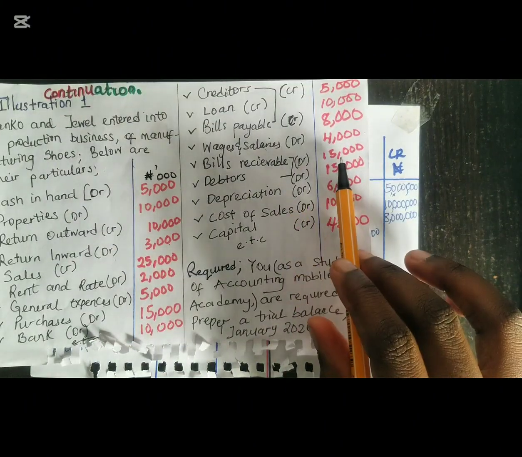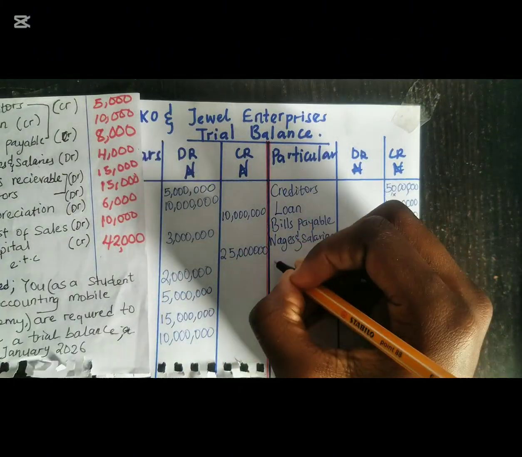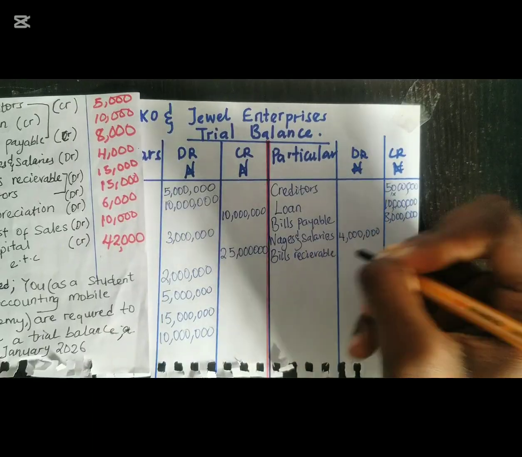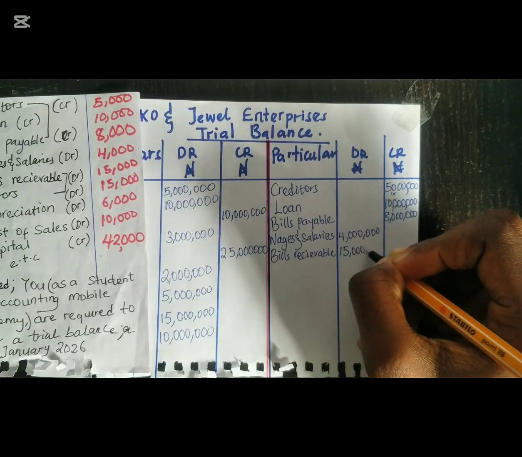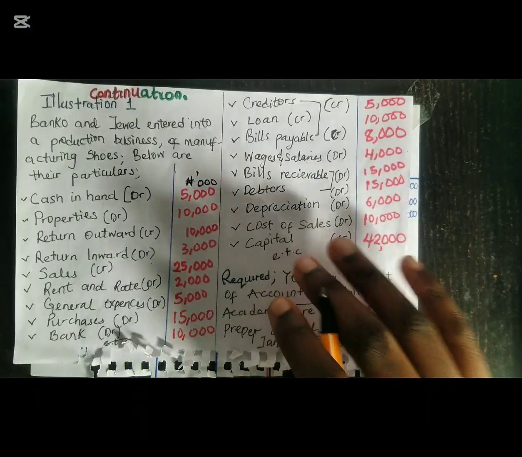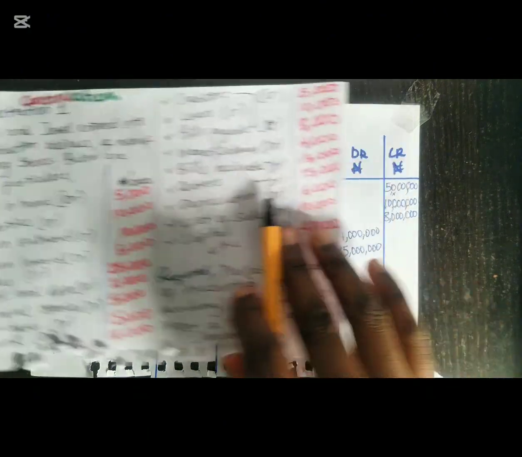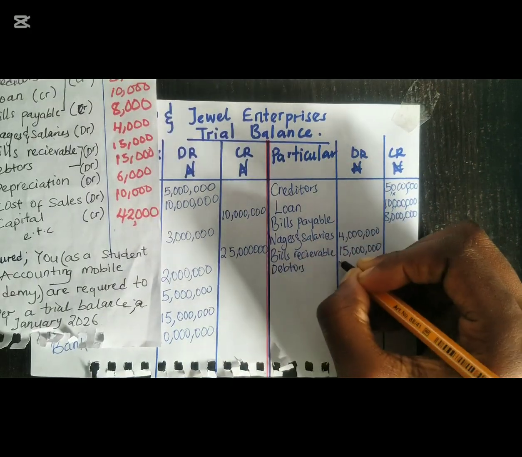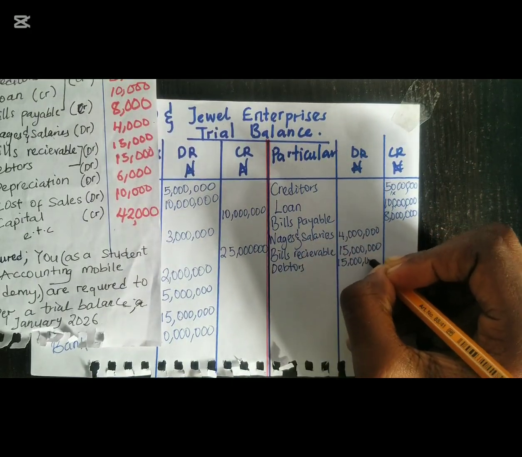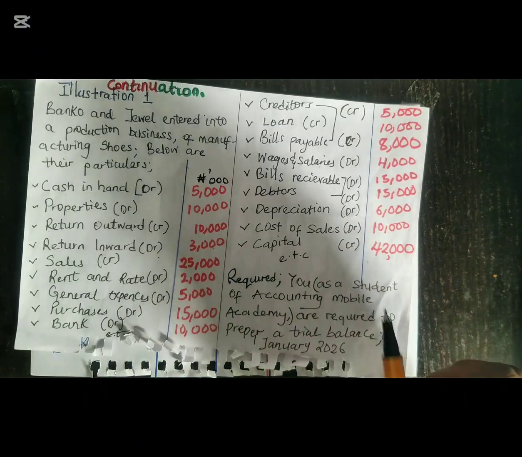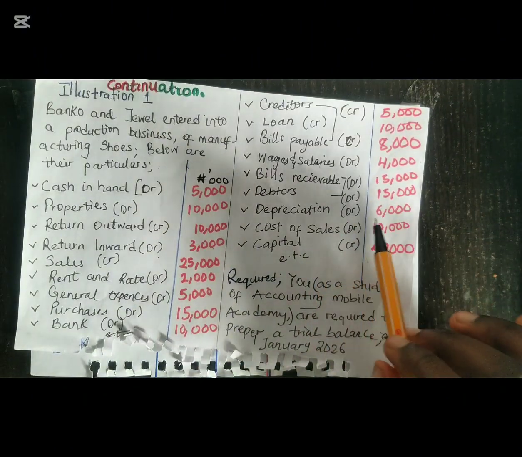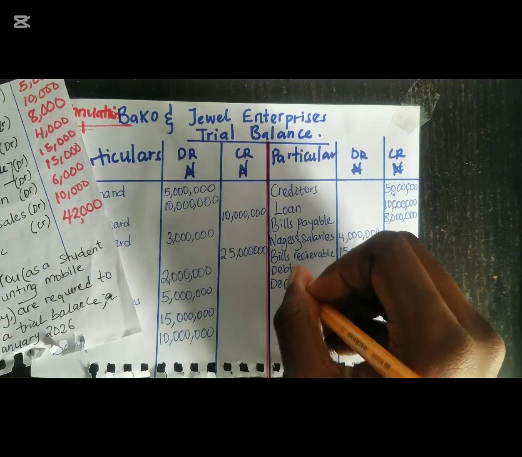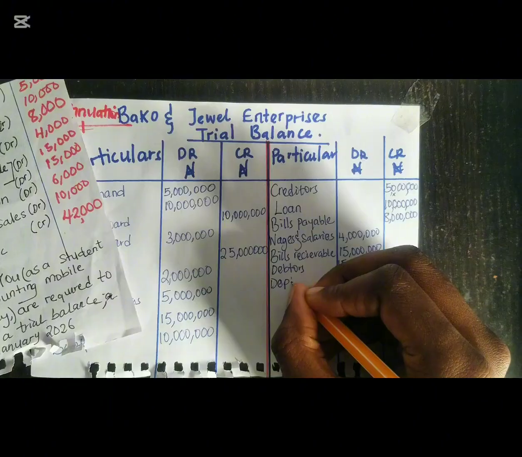Bills receivable is debited with 15 million naira, so bills receivable, 15 million naira. Debtors, 15 million naira, is also debited. Debtors, 15 million naira. Depreciation, 6 million naira. Depreciation, you can just write dep, or let me just do it in full.